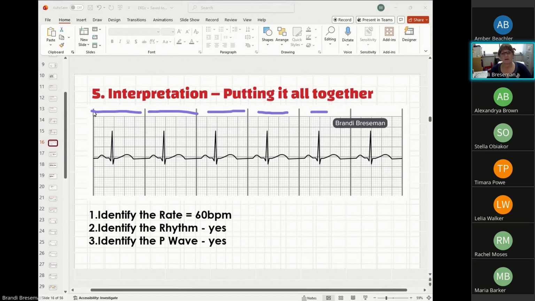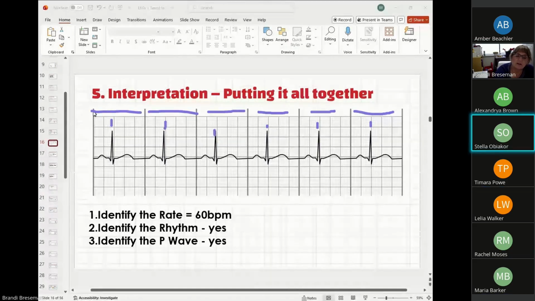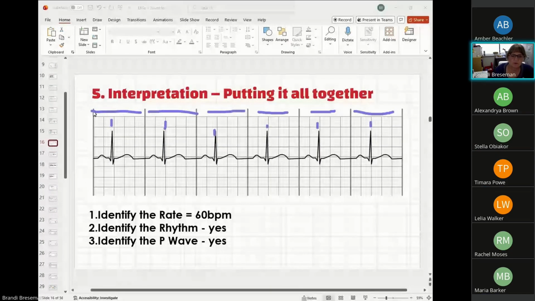So they have one beat, so it's 1, 2, 3, 4, 5, 6 QRSs in a 6-second strip. So we're going to take our 6, multiply it by 10. That gives us 60 beats per minute. Is that normal or abnormal? Normal. It's on the very low end of normal, but it is normal.